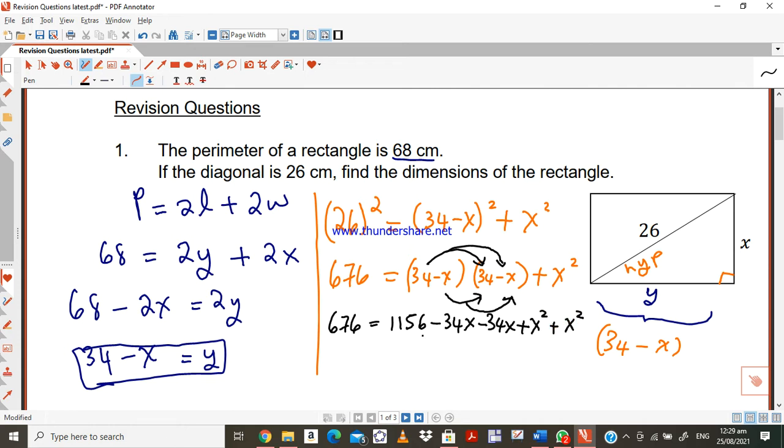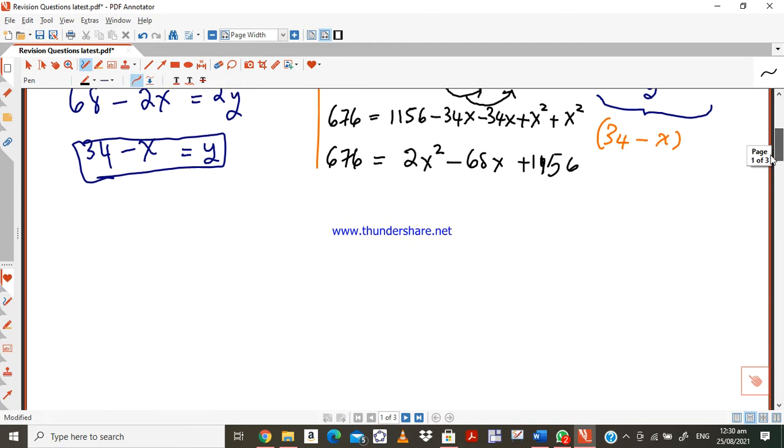Alright, so on the right hand side, let me just clear up what I have so far. I have now 2x squared minus 68x plus 1156. Right, so this is where I am. So I just have to clean up this equation.